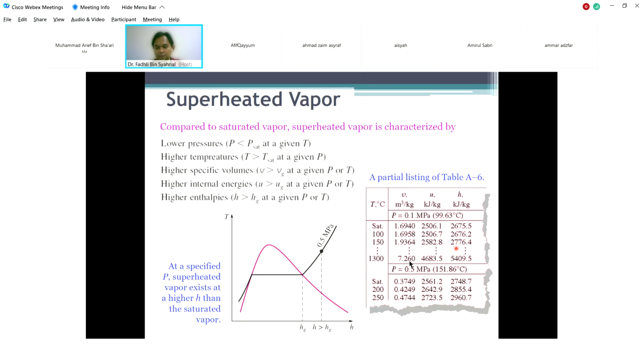So the enthalpy is here, 2776.4. This is how we read table A6. Know the pressure first, and then go to the temperature. After that, find the value.